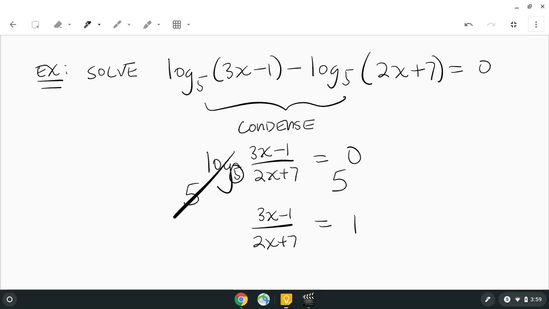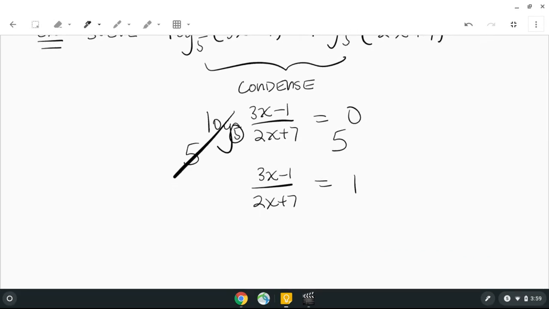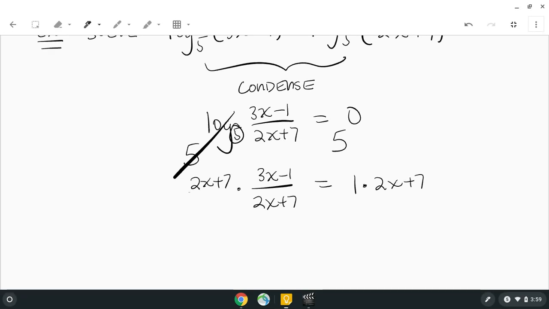Okay, very good. So here, if you remember how to solve these, I have to multiply both sides by that denominator, 2x plus 7, to cancel it out on the left. So here they cancel out.